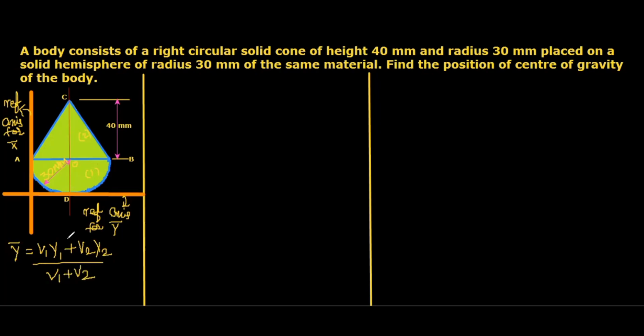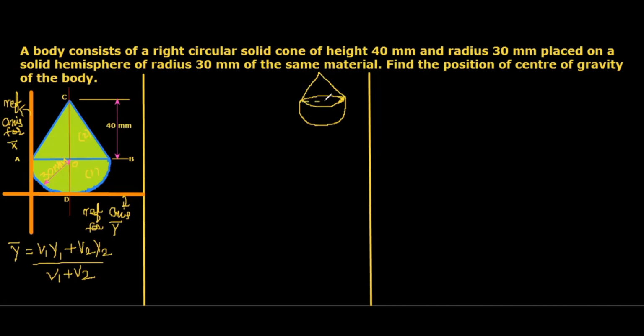And then here schematically you can see this is the hemisphere, that means a 90-degree cut on its mid axis. Over the hemisphere, there is a right circular cone. That means you can say like this, this will be the cone placed over the hemisphere.